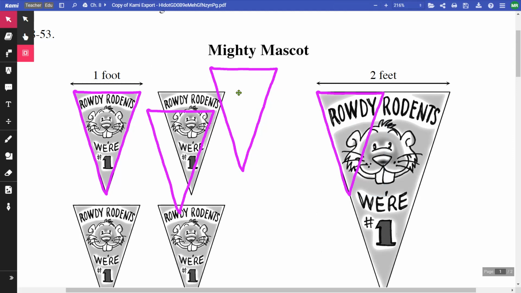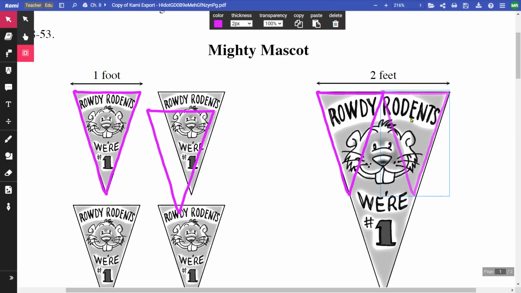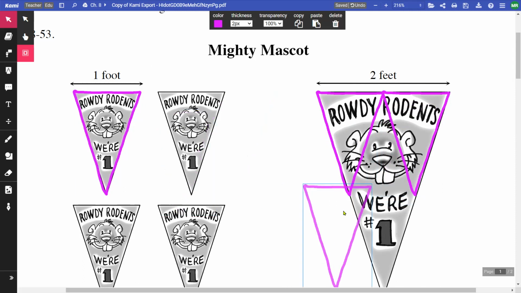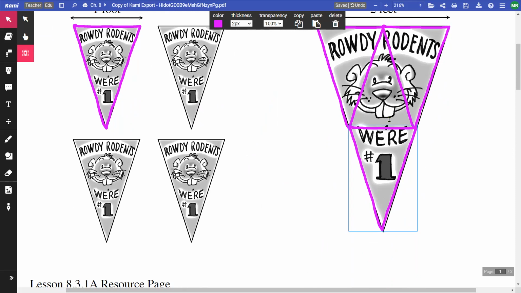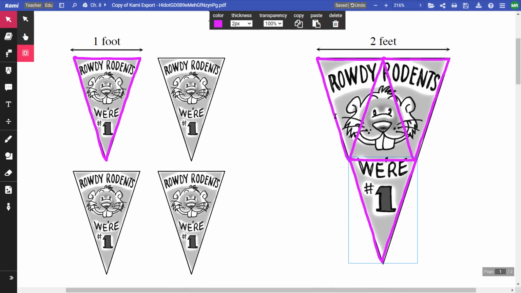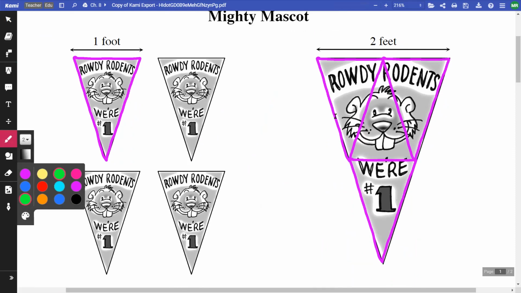Okay, so I am going to move these. Again, I cannot flip these, but you'll see that the space right here is actually another triangle. Okay, so that would have been the one I would have flipped, but I can't flip.